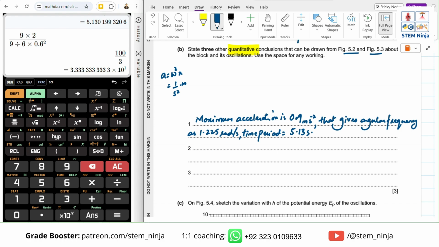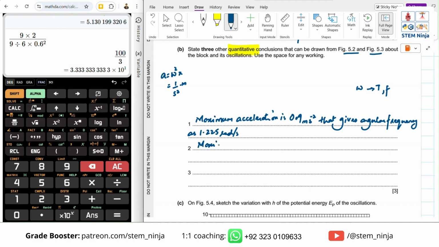The second one, I think you could split them also. So the angular frequency gives us time period and frequency. So it's basically just like one point that you can use.